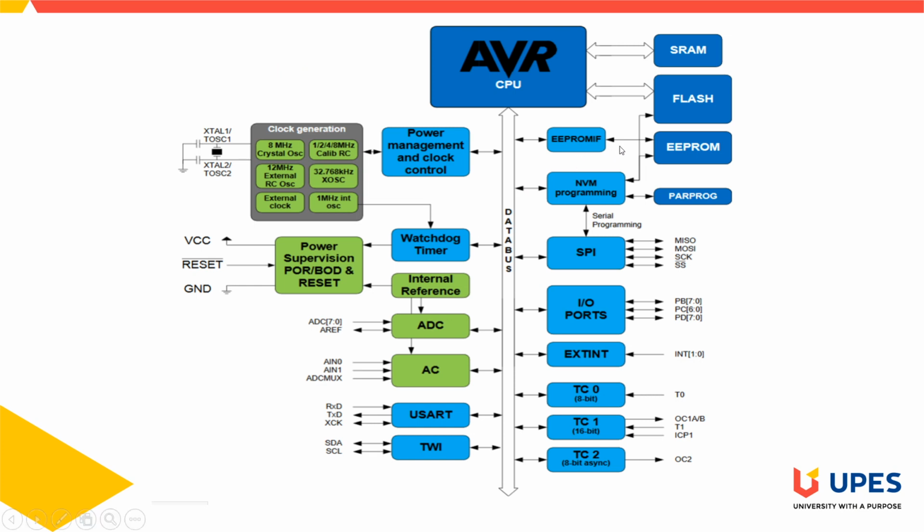This is a more generalized architecture for an AVR CPU. That was for 8-bit, and this particular architecture can be used for 32-bit as well.